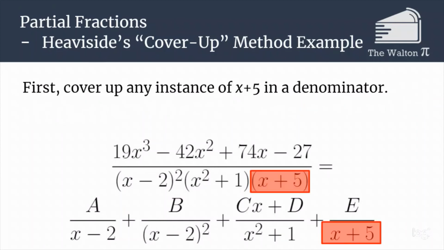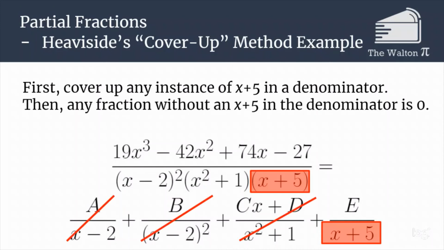So because we are solving for e, we first are going to cover up any instance of x plus 5 in a denominator. So that's going to show up there and there. So those two are going to be covered up. And then we are going to ignore any fraction that did not have an x plus 5 in the denominator. So all of those fractions with the line through them are going to be 0.